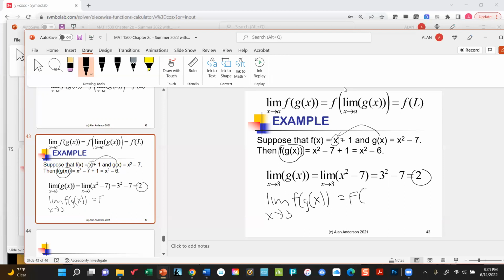It's f of, oh, by the way, this is L. So that means it's just f of 2, which is x plus 1, 2 plus 1, which is 3.